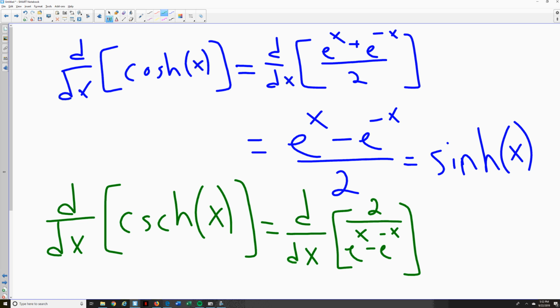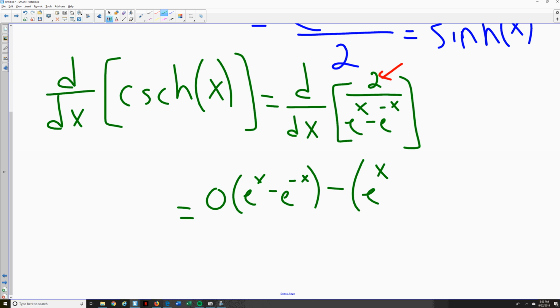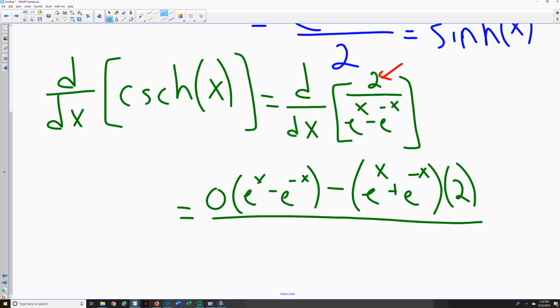This is going to involve a quotient rule. The derivative of 2 is 0, so this is going to equal 0 times e to the x minus e to the negative x, minus e to the x plus e to the negative x times 2, all over e to the x minus e to the negative x squared.